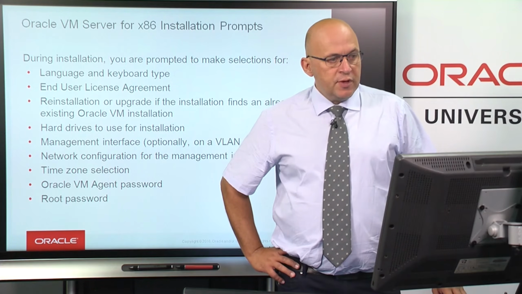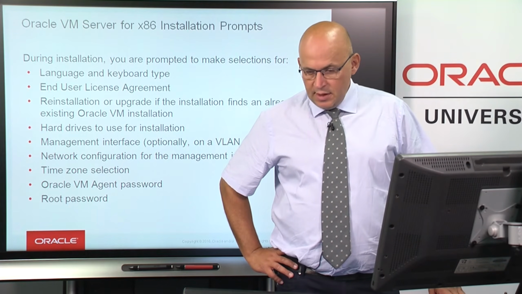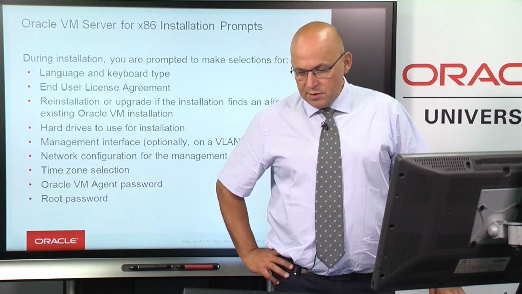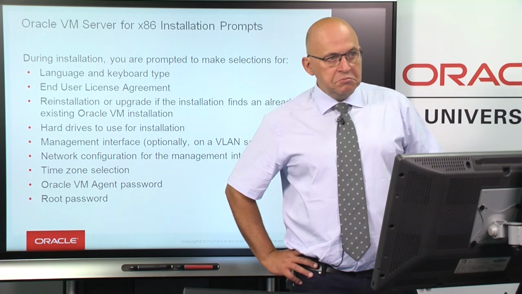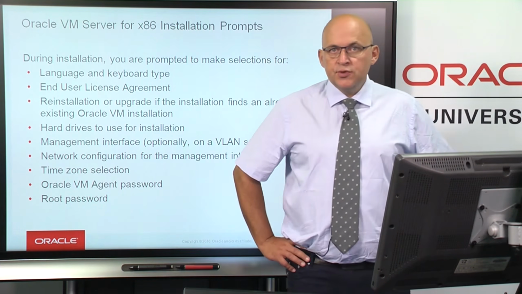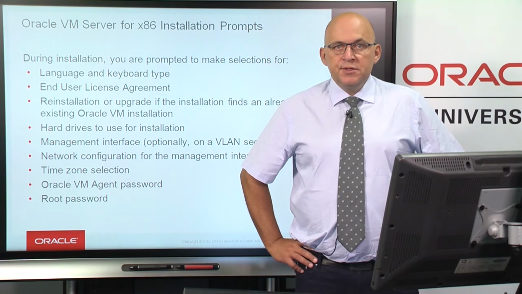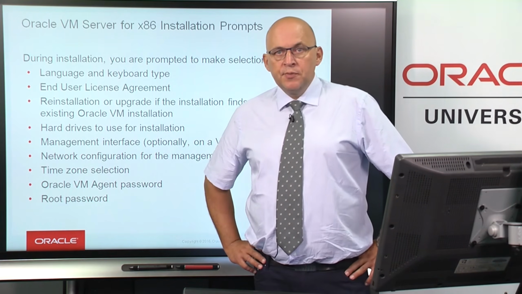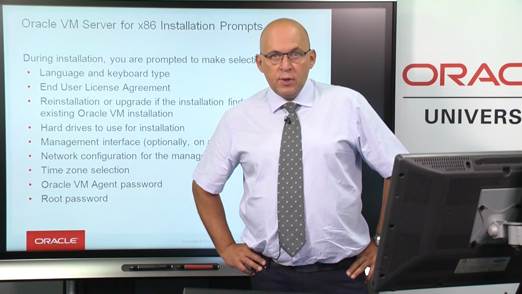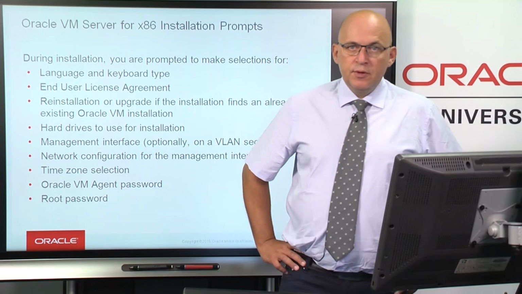So the Oracle VM Server for x86 is a normal or traditional Linux installation where you have to choose the keyboard, language, and user license agreement. You might reinstall or upgrade previous versions.